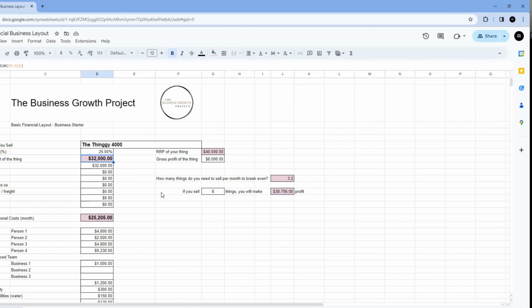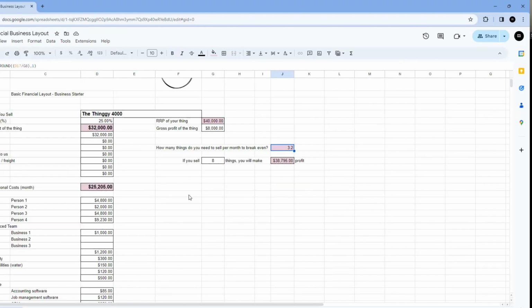That's great. I'm making $8,000 per sale. I only need 1 per month. When you plug all your other costs in and look at it, oh, I need to sell 3.2. I need to sell 4 per month. Wow. Okay, I need to sell a lot more than I thought. And most times, if you haven't done your numbers before, you'll be surprised you actually need to sell quite a bit more than you first think to cover all of your actual overheads and costs in the business.